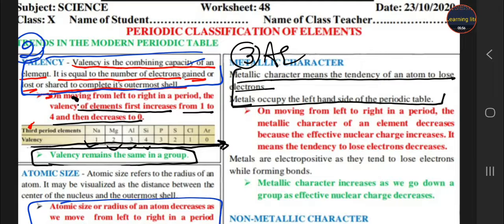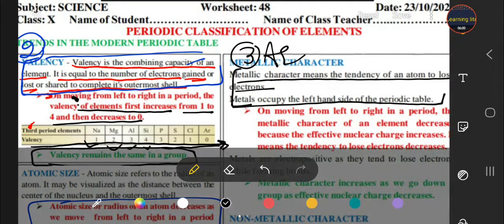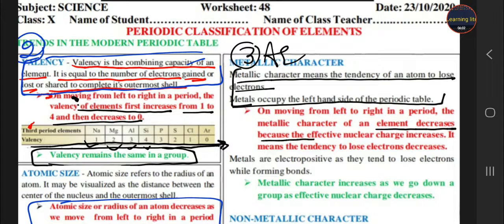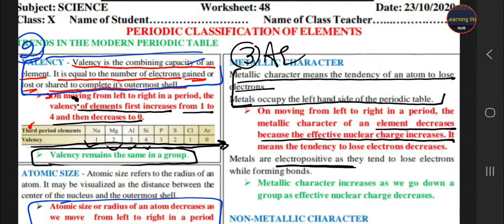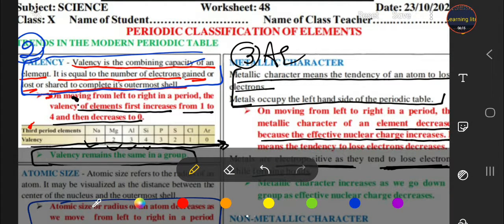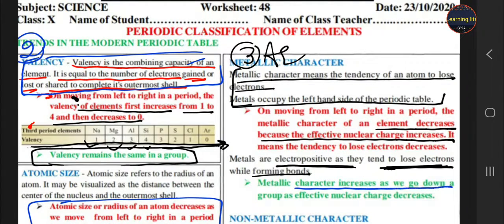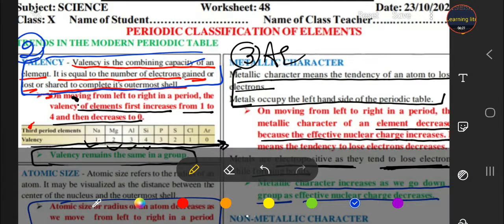On moving left to right in a period, student, the metallic character always decreases because the effective nuclear charge increases. And metals are electropositive. Why are they electropositive? Because they lose electrons while forming bonds. But metallic character increases as we go down the group because the effective nuclear charge decreases.